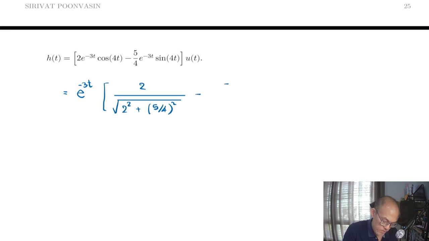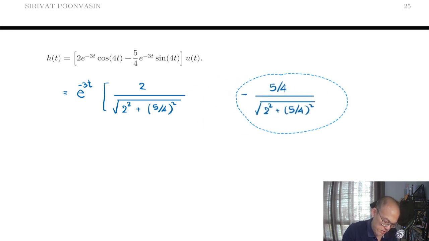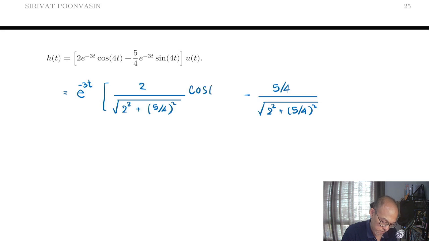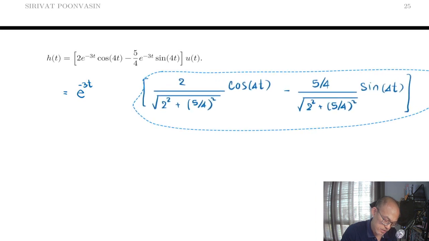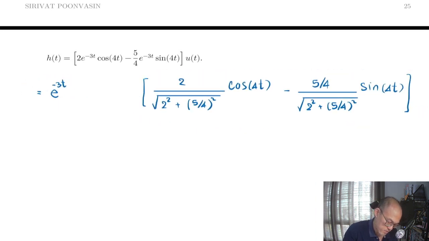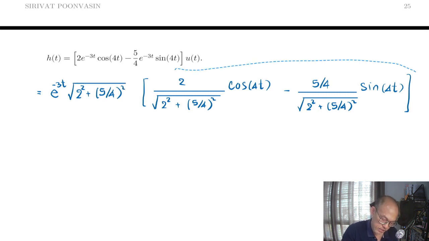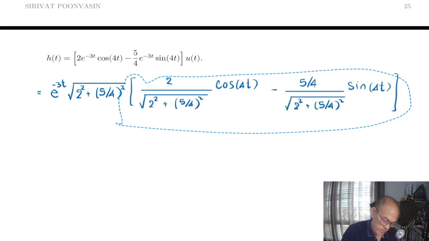Okay, and I should write down cosine of 4t, and sine of 4t, but I need the square root of 2 squared plus 5/4 squared here, multiplied by u(t).